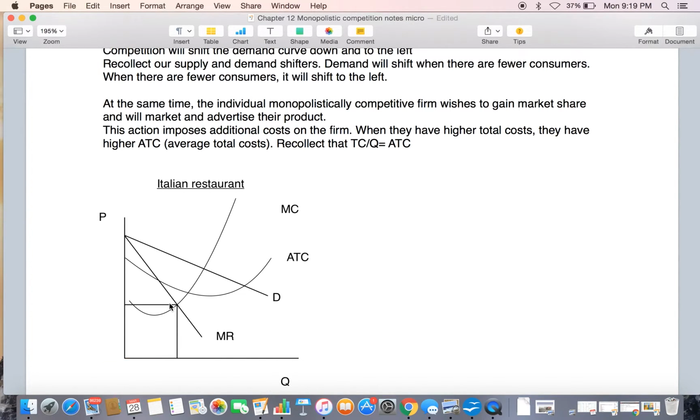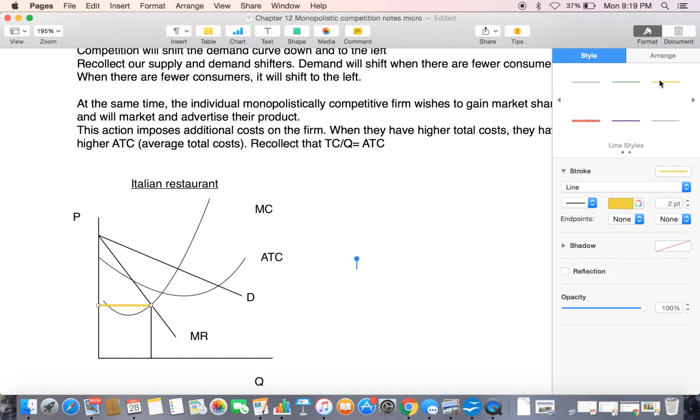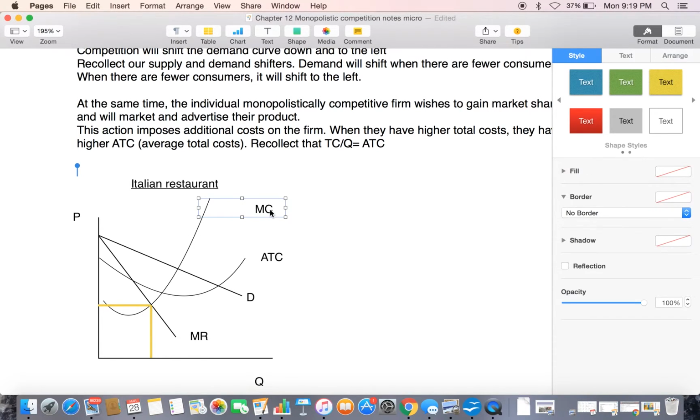So marginal revenues equal marginal cost based on the intersection of those two curves, so this being our marginal cost curve. So our marginal cost curve is this U-shaped curve, right?